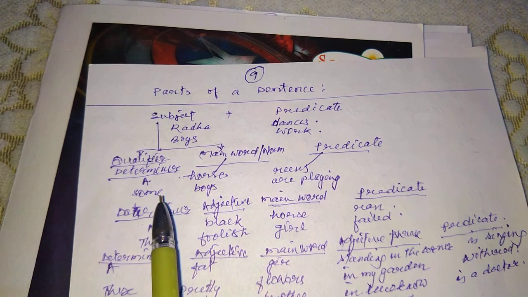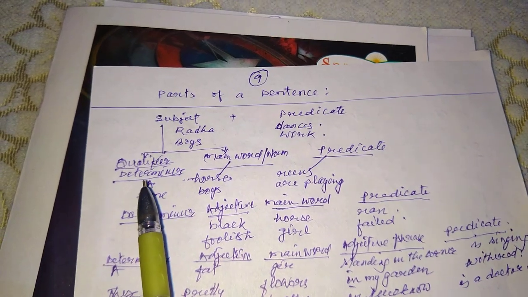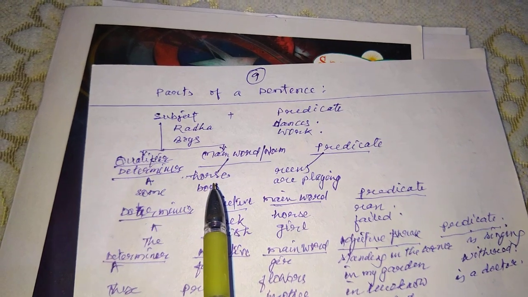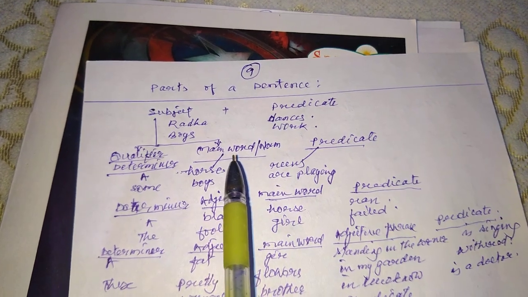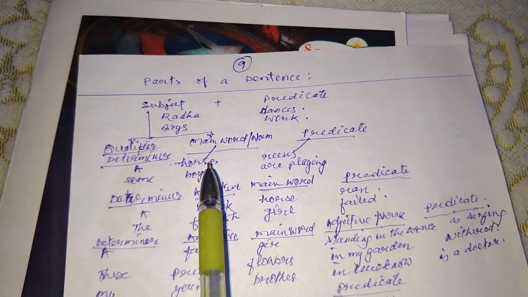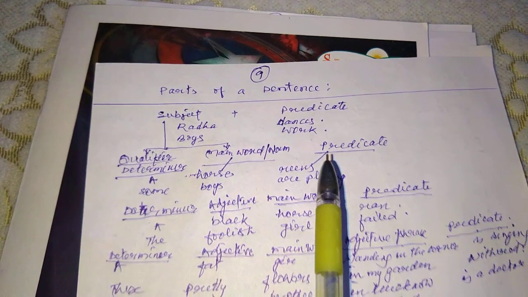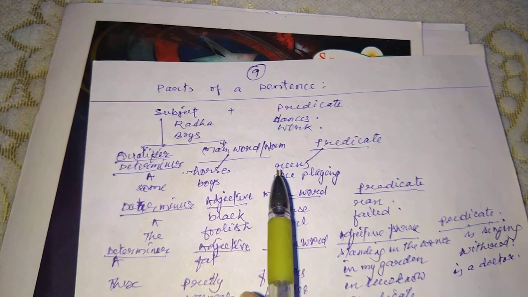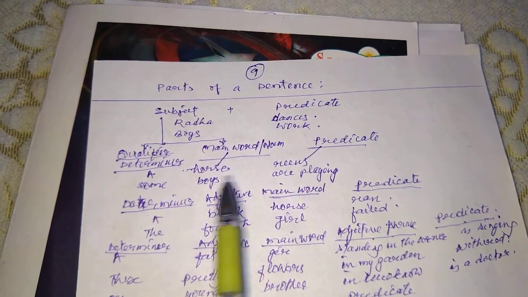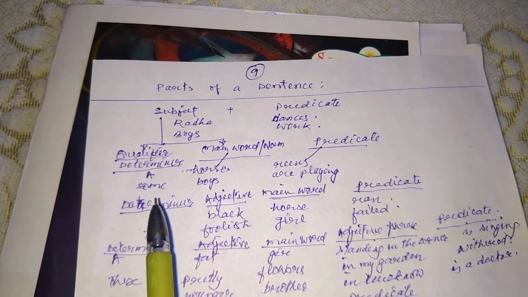A is the qualifier or the determiner, and horse is the main word, a noun. And the predicate is only runs, दौड़ता है.